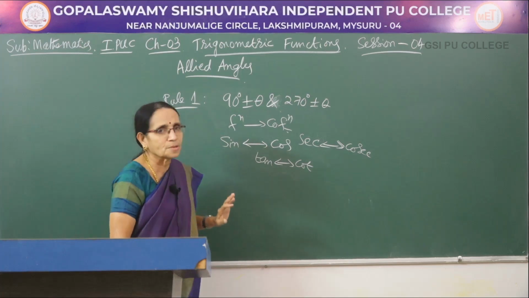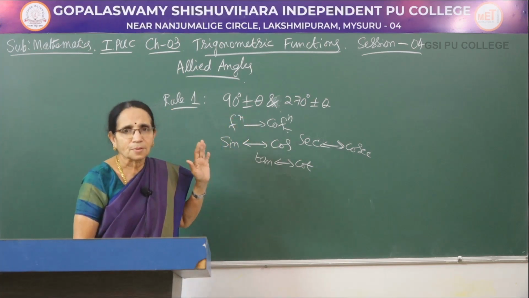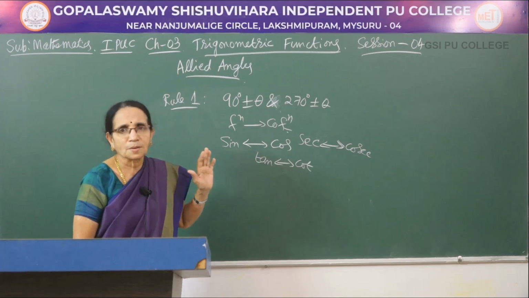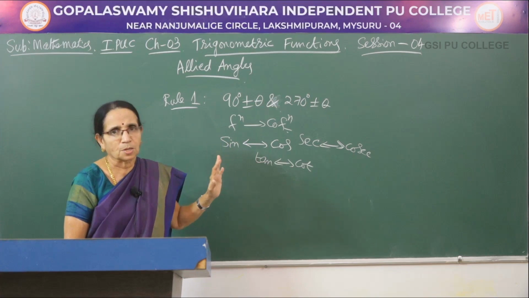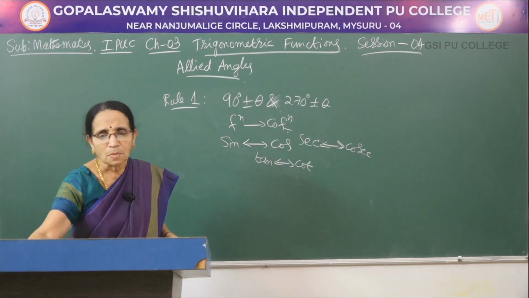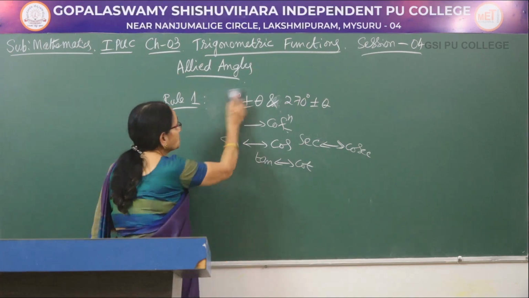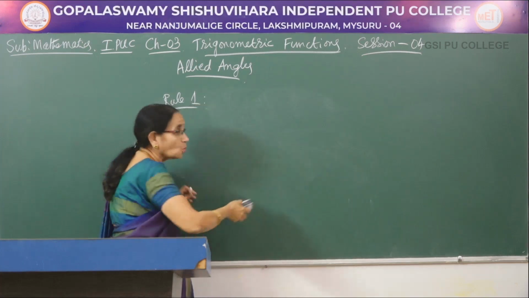So the first rule says that if the angle is expressed like this, 90 plus or minus theta, 270 plus or minus theta, the function would be changed over to cofunction. And these are the 3 pairs of the cofunction. Next, I will tell you how to apply this rule.